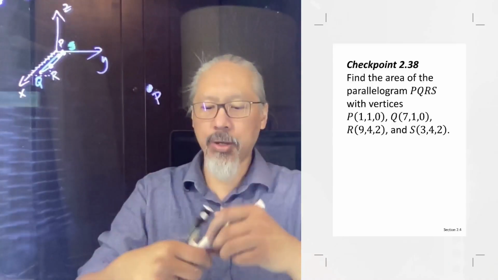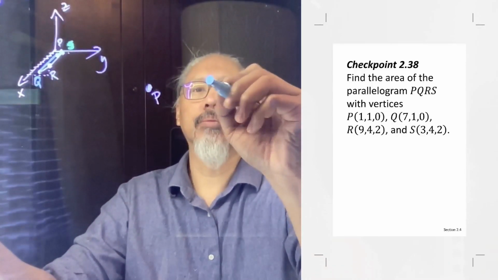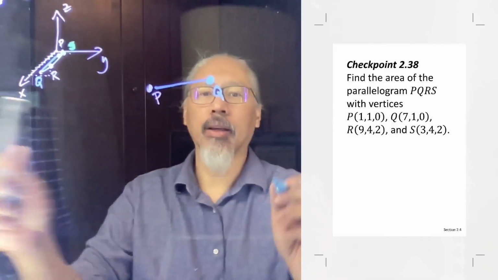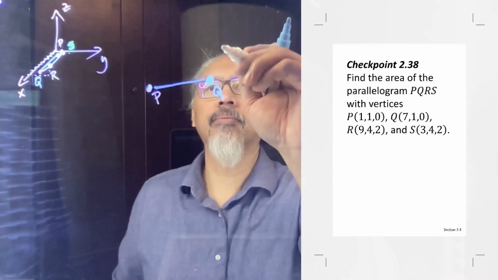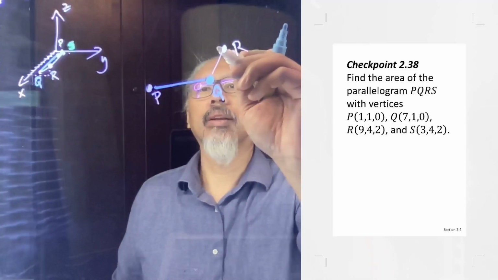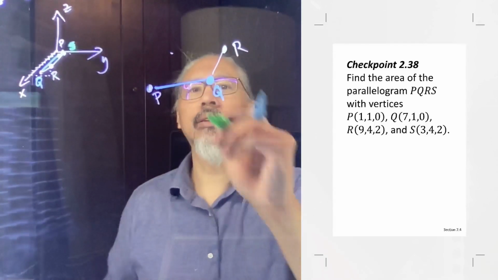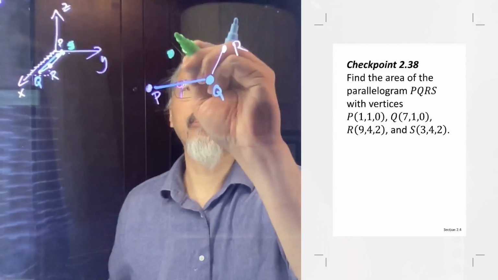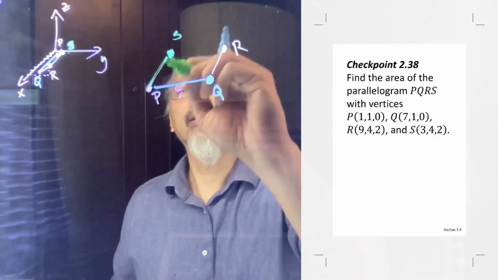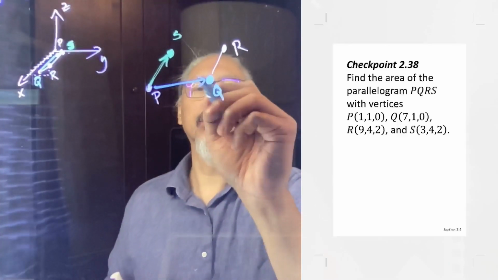We have our point P, and then our point Q, and then R, and then another point S. I'm drawing these with slightly different colors.